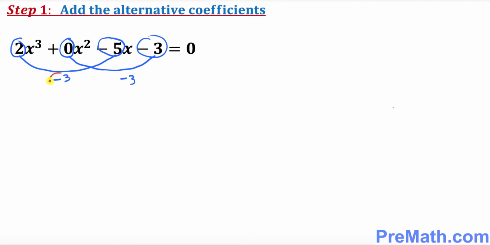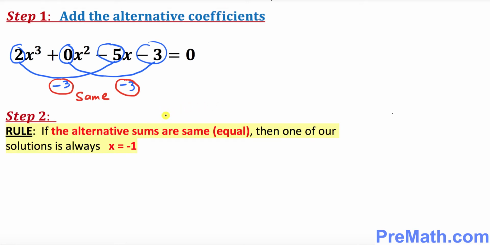As you can see, these two numbers turn out to be the same. So the next step states that if these two numbers turn out to be the same, then one of our solutions must be x equals negative 1. So we have one of our solutions, negative 1, for sure.